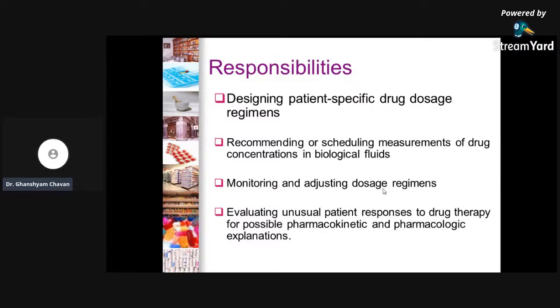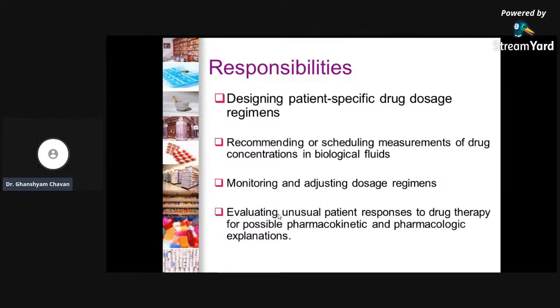So whatever regimen we are giving, according to its bioavailability, we can adjust the dose, and also according to the health status of the patient. If the patient's health status is weak, we can decrease the dose. Or if the person is a diseased person, in that condition also we can adjust the dose. Constantly we should monitor the dose.